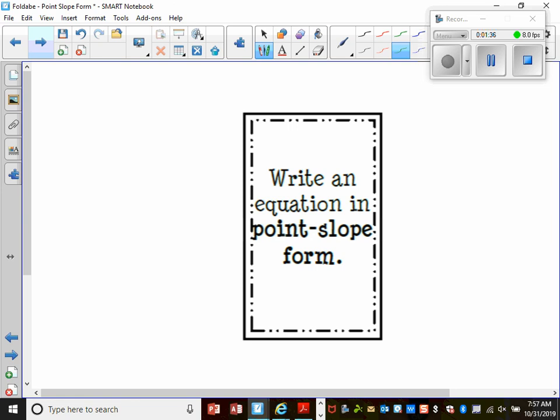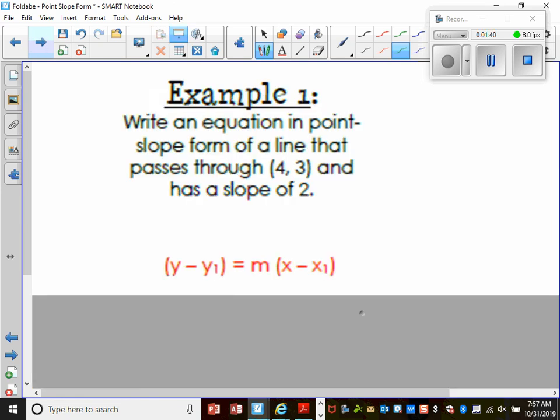All right, so let's start off with how do you write an equation in point slope form? Please write this down. Example 1 says write an equation in point slope form. This is where on your test and on your quiz you have to make sure you are following directions.